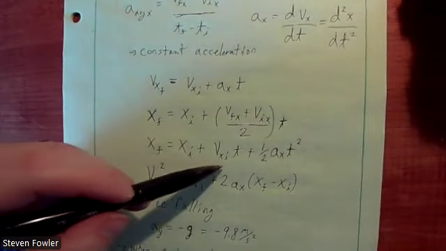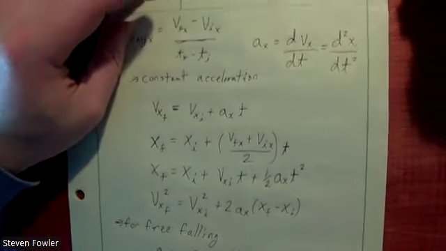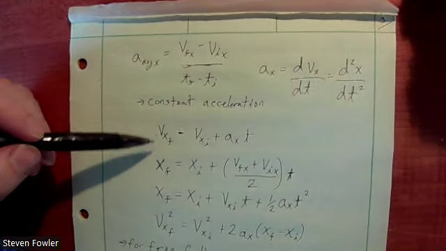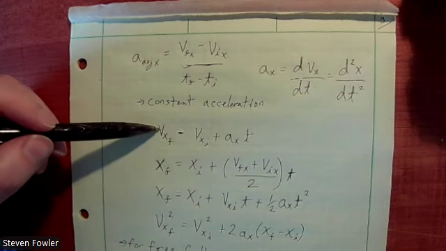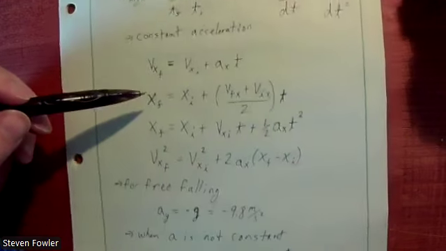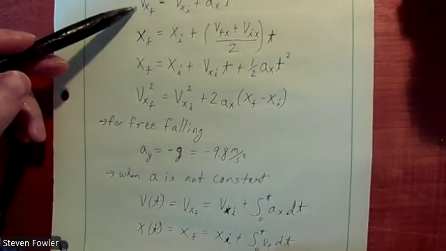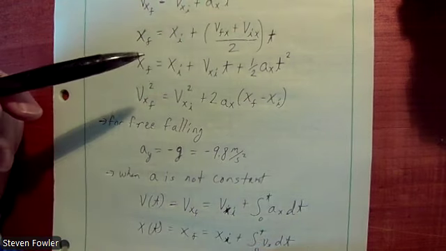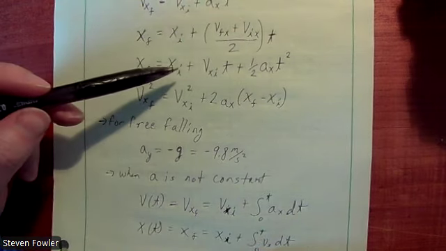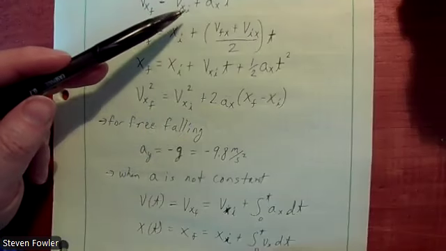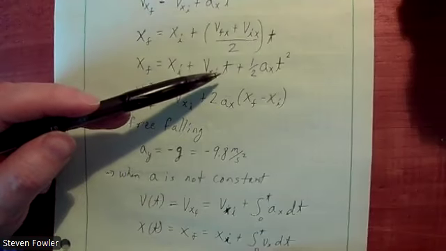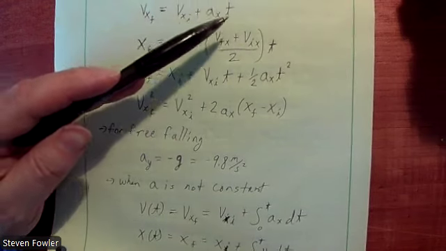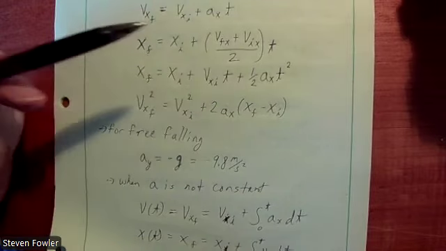And if you look at this expression right here, that's basically what we've done. You can also do it if acceleration is constant, right? If I take this expression and plug the velocity into this integral right here, basically I get this expression here: x final is equal to x initial plus the integral of vx initial t, plus the integral of ax t, and the integral of ax t is 1/2 ax t squared.